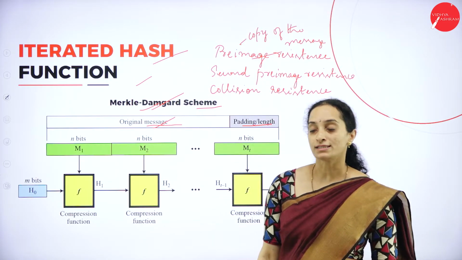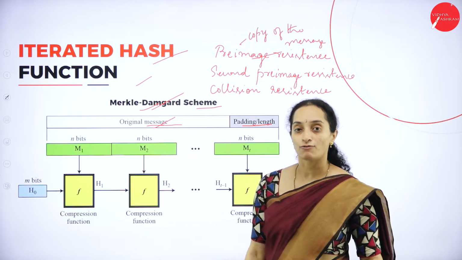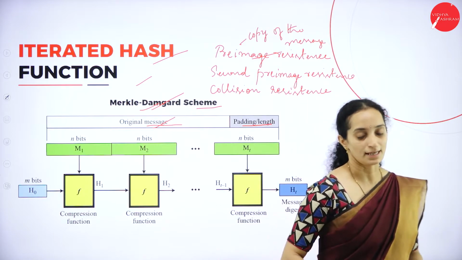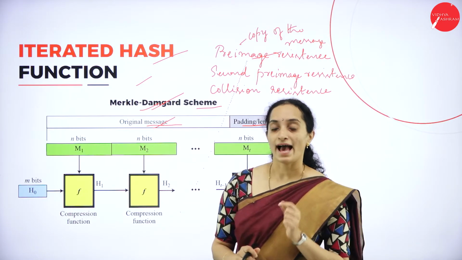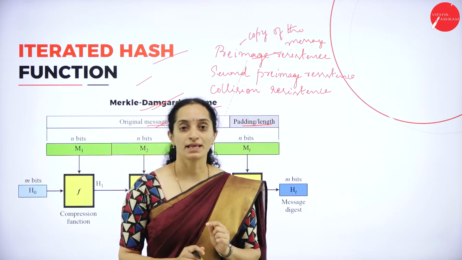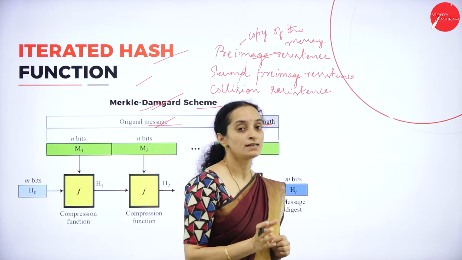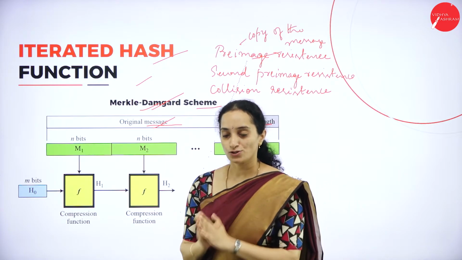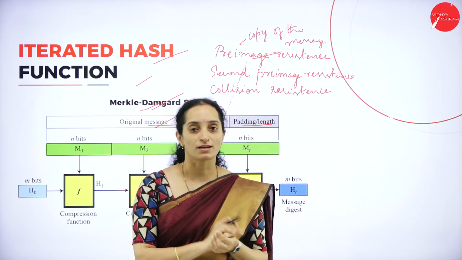Collision resistance is all about avoiding two messages with the same hash. The hash function must be pre-image resistant, which means there must not be any chance for the adversary to create a copy of the original message.